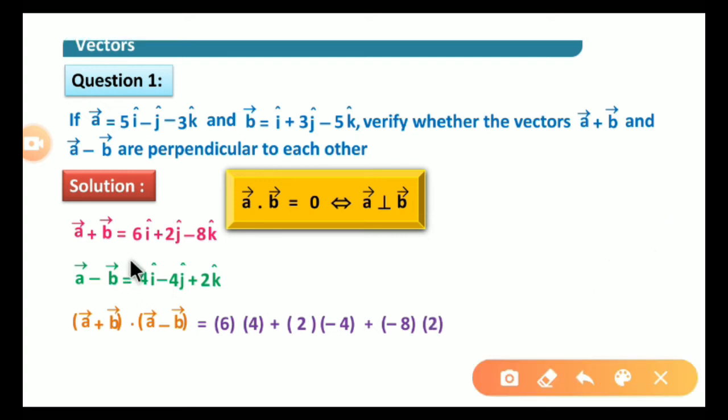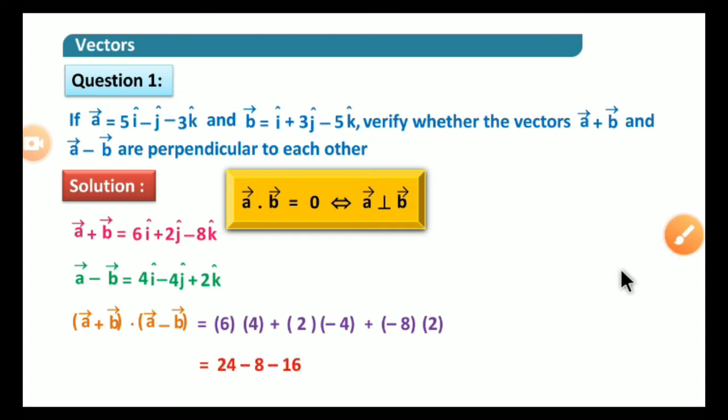Here you have to multiply these two, plus these two, plus these two components. After simplification, we get 24 minus 8 minus 16. Therefore, the final answer is 0. The dot product of these two vectors is 0, which means definitely A plus B is perpendicular to A minus B.